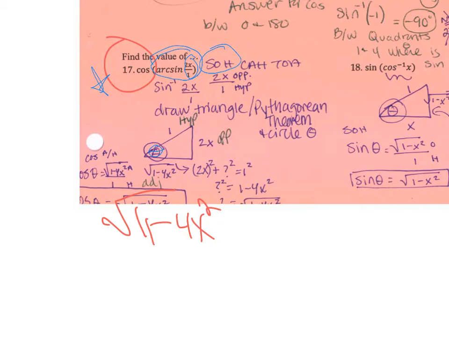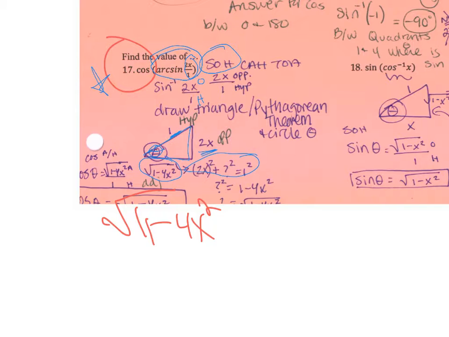We're going to say that's theta. Opposite of theta is 2x, hypotenuse is 1. When we do Pythagorean theorem, we figure out that the side that's left is square root of 1 minus 4x squared. So right now all we did was we set up our triangle.